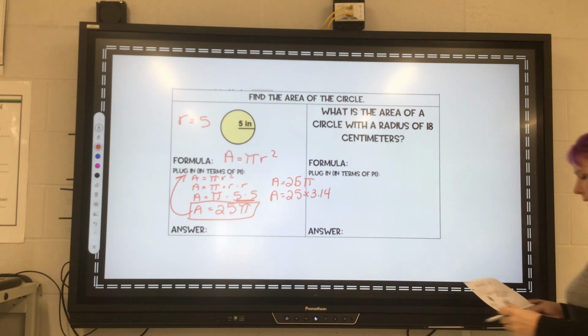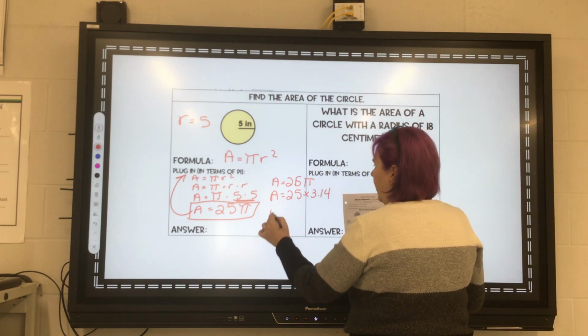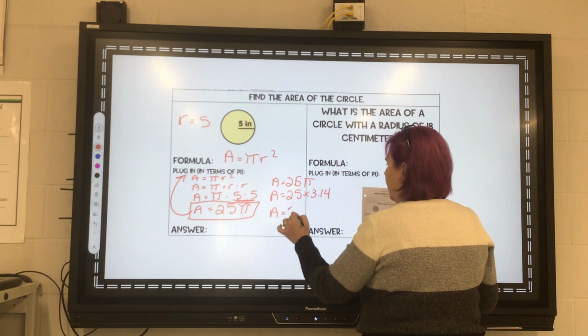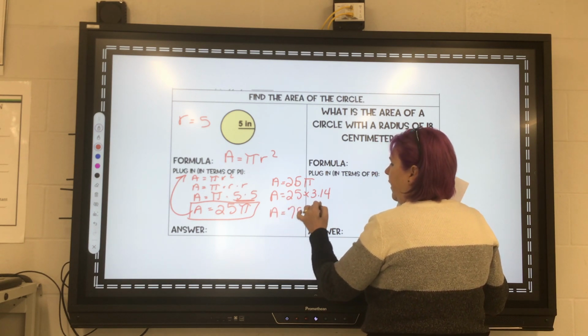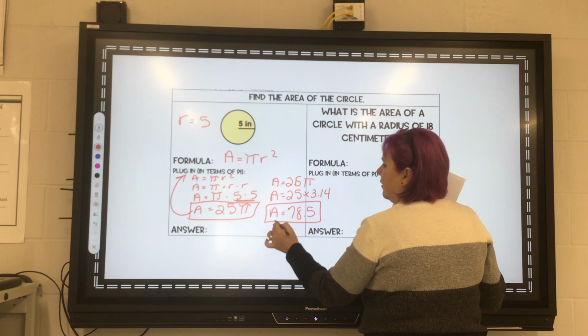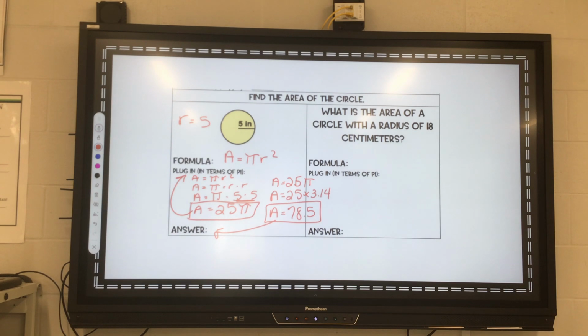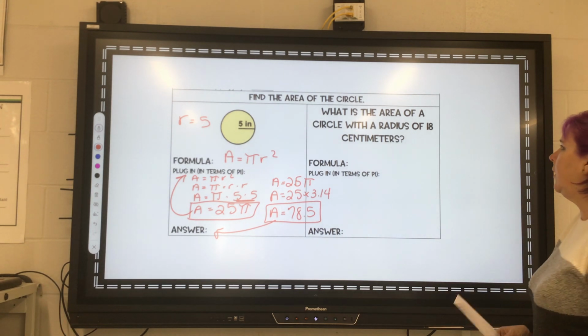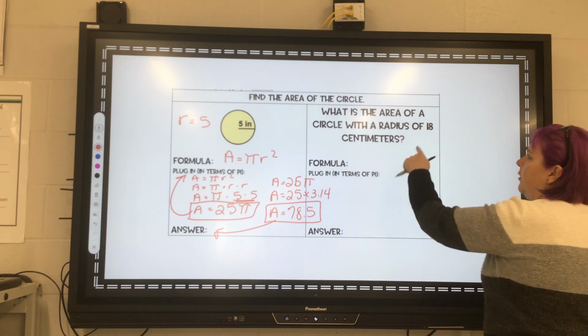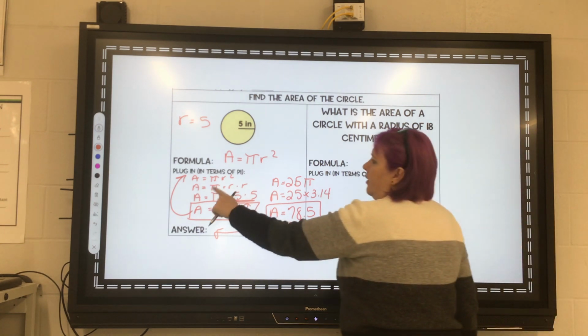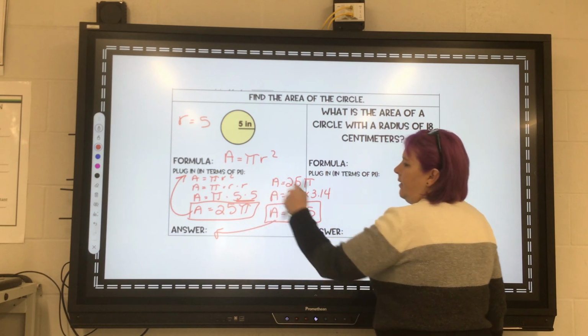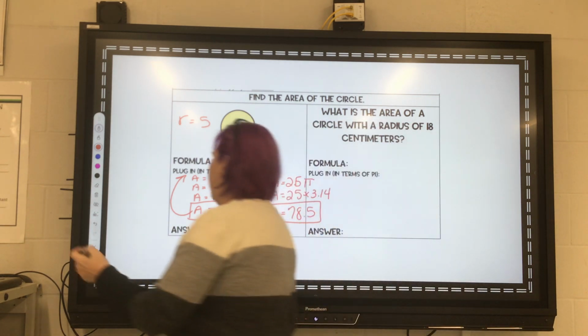When I multiply it out, I get A equals 78.5. This is my answer, my approximate area. Same thing here, you do 18 times 18 and go through the whole formula.